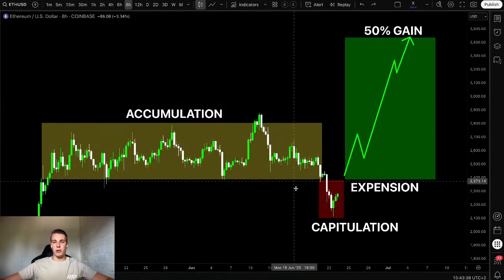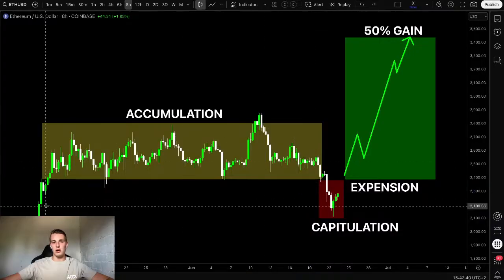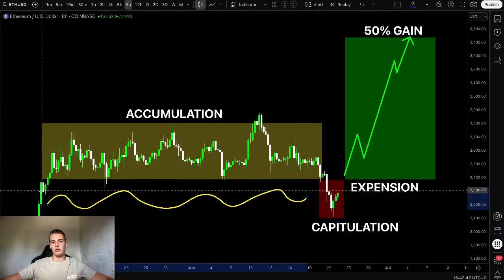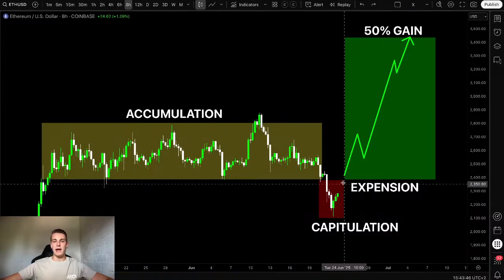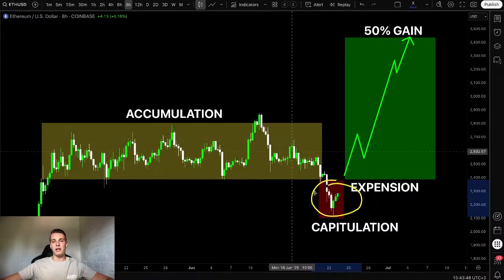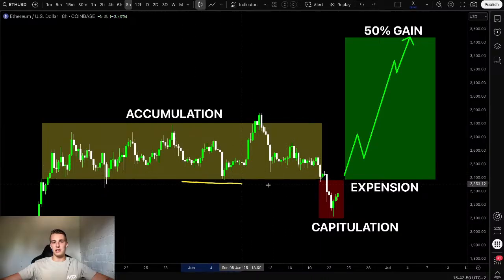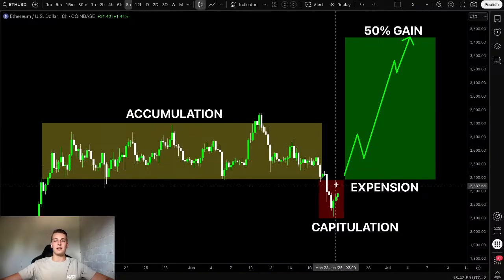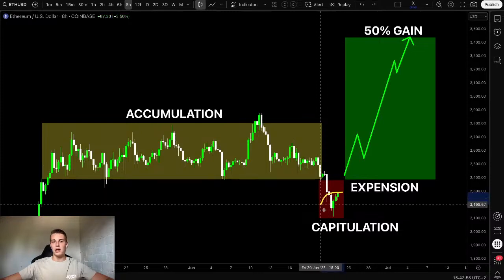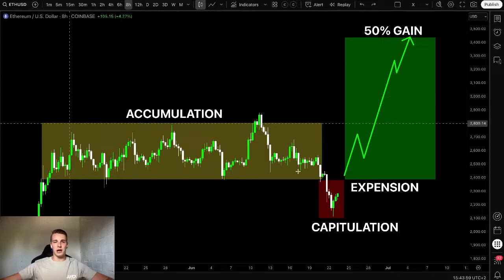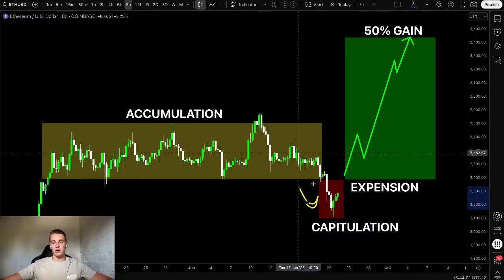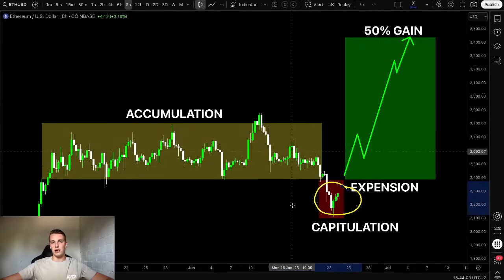So we trick the people out of the market. All the people that are long on the lower side have been taken out of the market here. And people are panic selling below this range because this is their very big support line. And if it gets broken, they're stressing and selling their position. So it's a win-win scenario to push the price below the range here. And that's what we call capitulation.